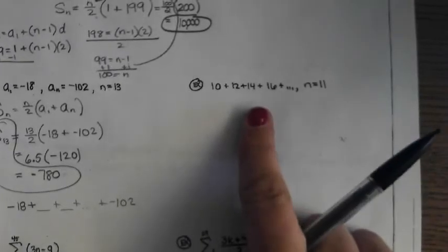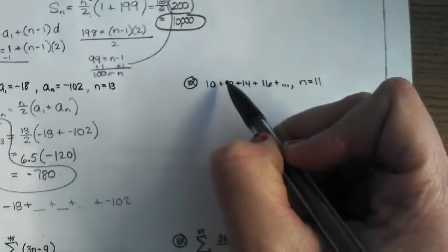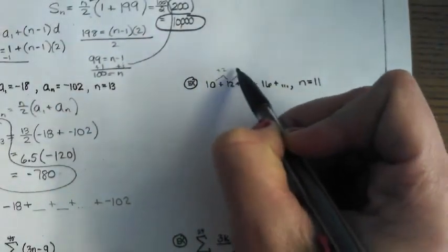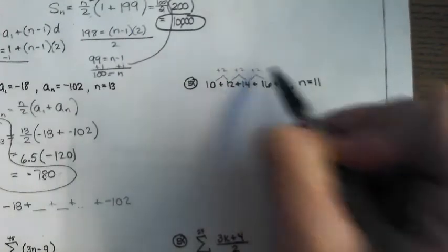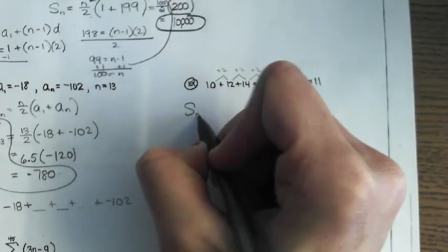The next exercise, they want the sum of these through 11 terms. I know we know this is arithmetic because today's all arithmetic, but you just see the plus 2 pattern. So you would say, okay, it's arithmetic, check. They're asking me to add these all together, so it's a series, check. Okay, so write down your series formula.